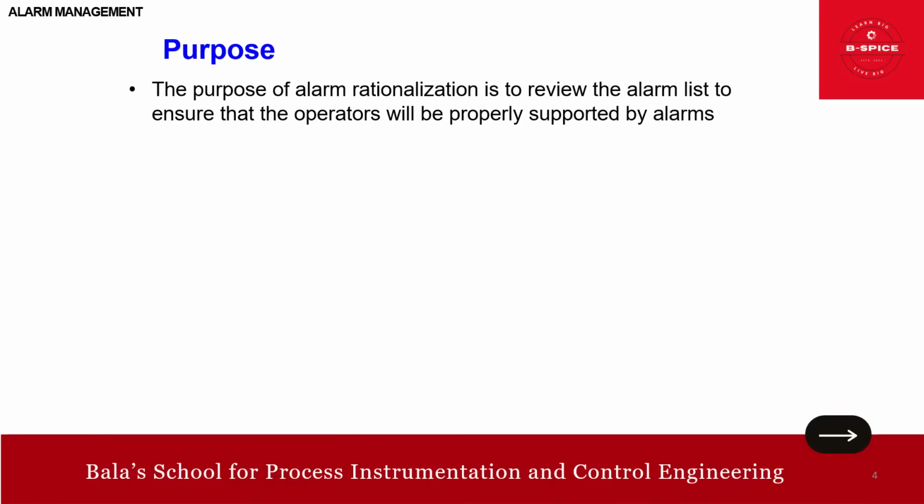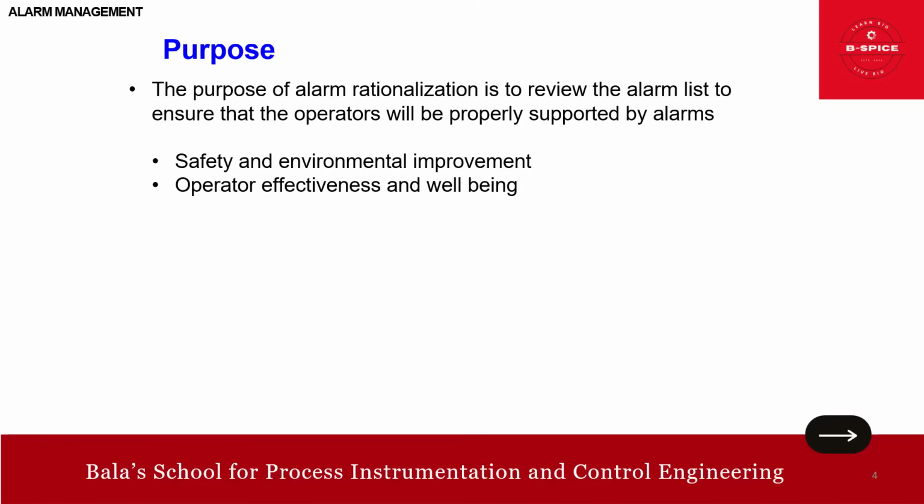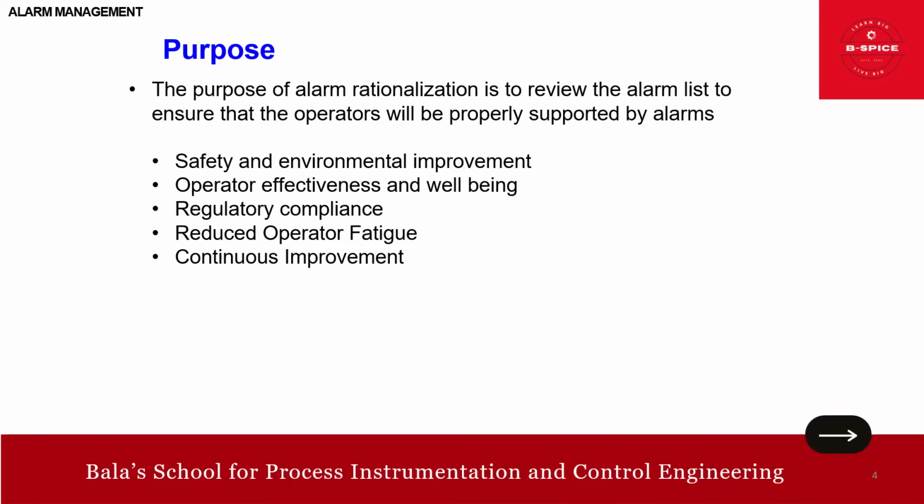The bottom line is rationalization should ensure that the alarm system supports safety and environmental improvement, operator effectiveness and well-being, regulatory compliance, reduced operator fatigue, continuous improvement, efficient alarm response, and of course auditability. So these are the purposes basically.